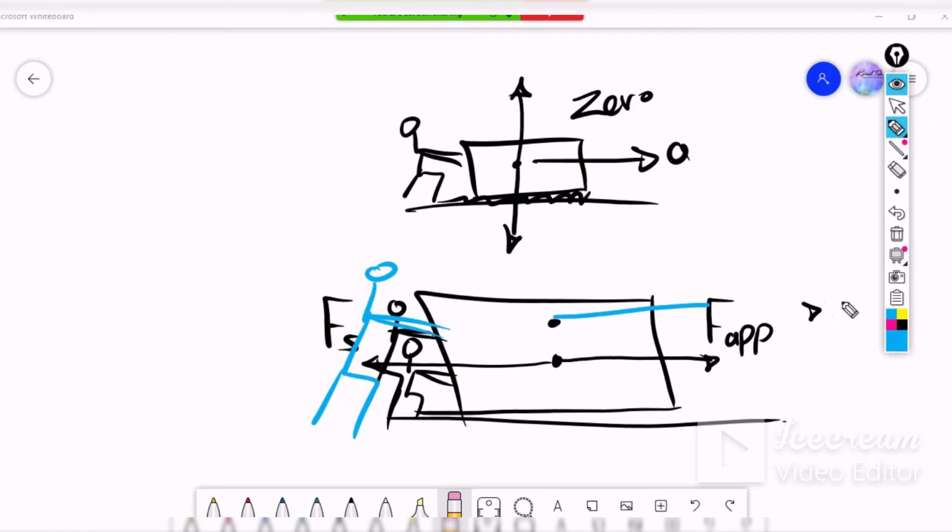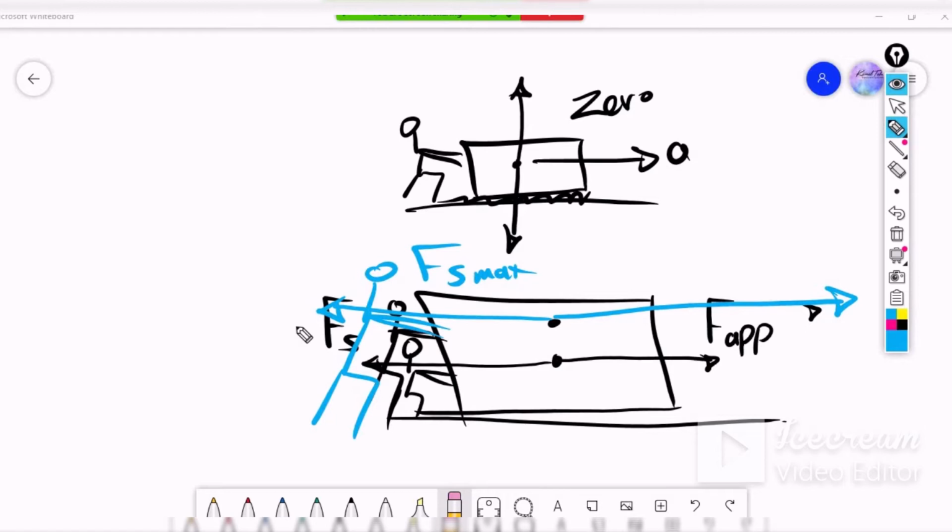Now the applied force will be greater than the static friction, and this object starts to move. But before it starts to move, you will push this object with a very huge force. That is called the maximum force, or maximum static friction. Before the object moves, you will make a lot of force to start it moving.